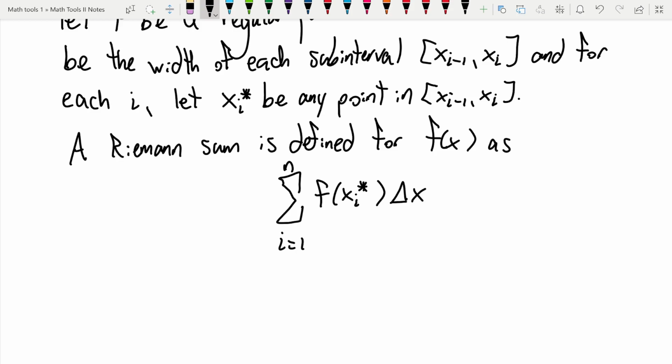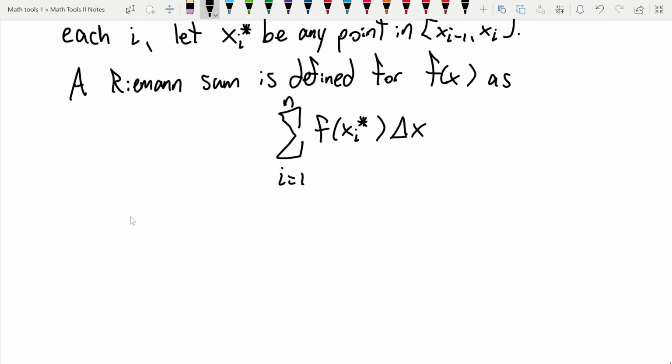So we can basically think of this in two ways. Either delta x, we can let it approach 0, meaning we can let the width approach 0, or the more natural way is that we can let the number of subintervals go to infinity. Okay. That will leave us with the exact area underneath the curve.